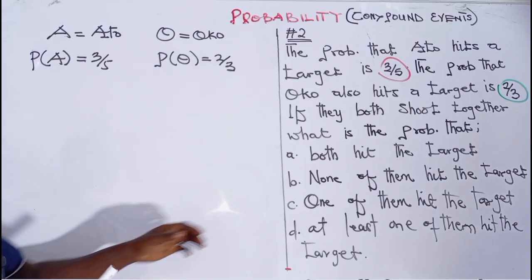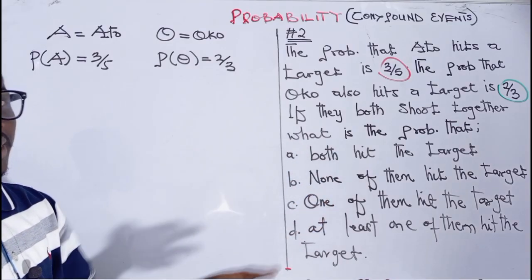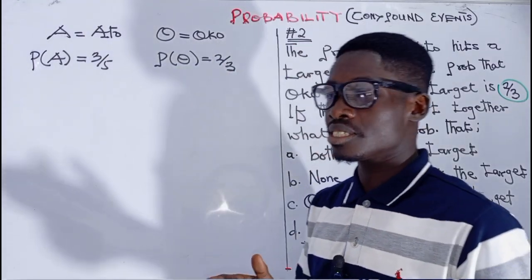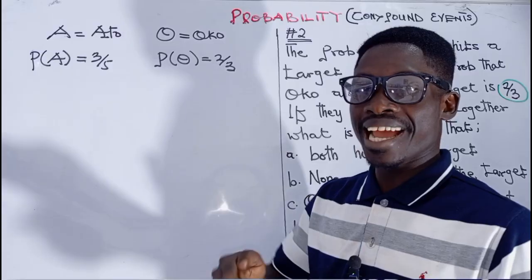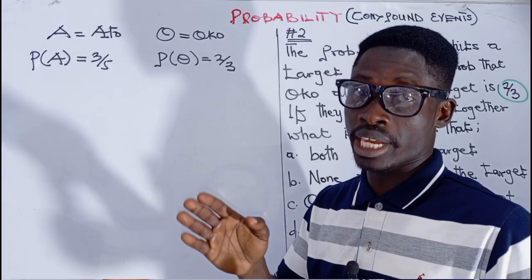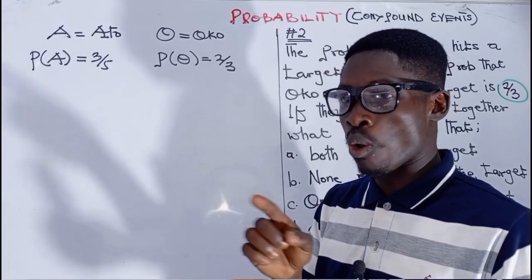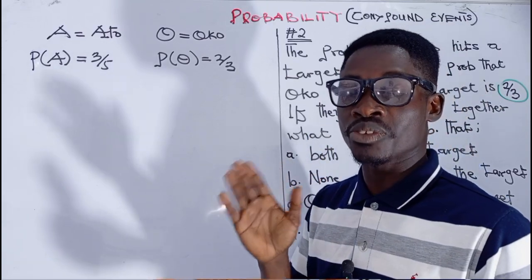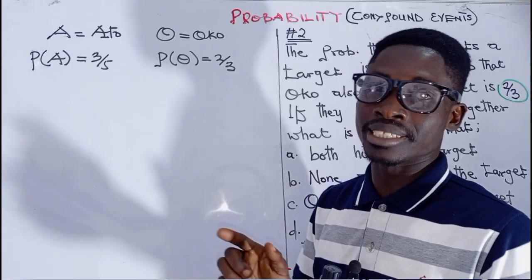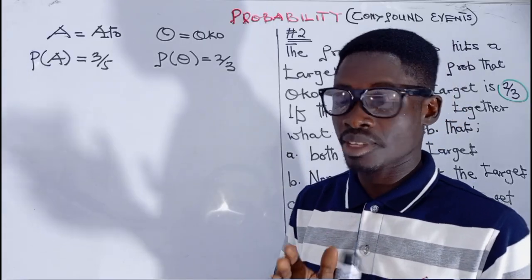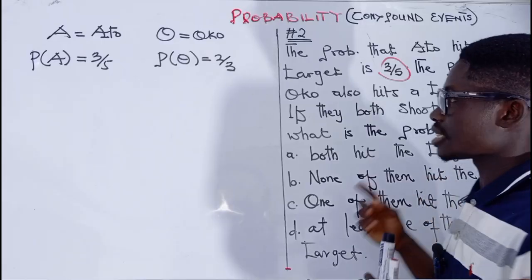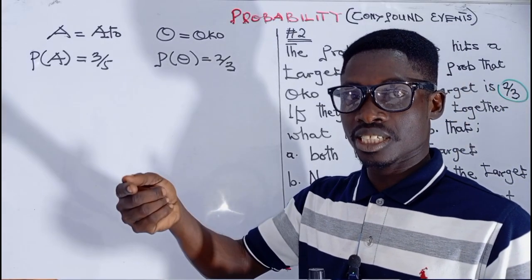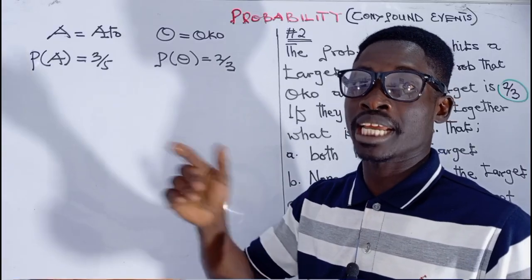We want to find the probability that both of them hit the target. When we talk about both of them, we are referring to the probability that Ato hits the target and Oko also hits the target. So the words or and and play a key role in compound events. If you don't understand how to make use of the or and the and, you always find yourself wanting. With both of them hitting the target, it means that Ato was able to hit the target and Oko was also able to hit the target.